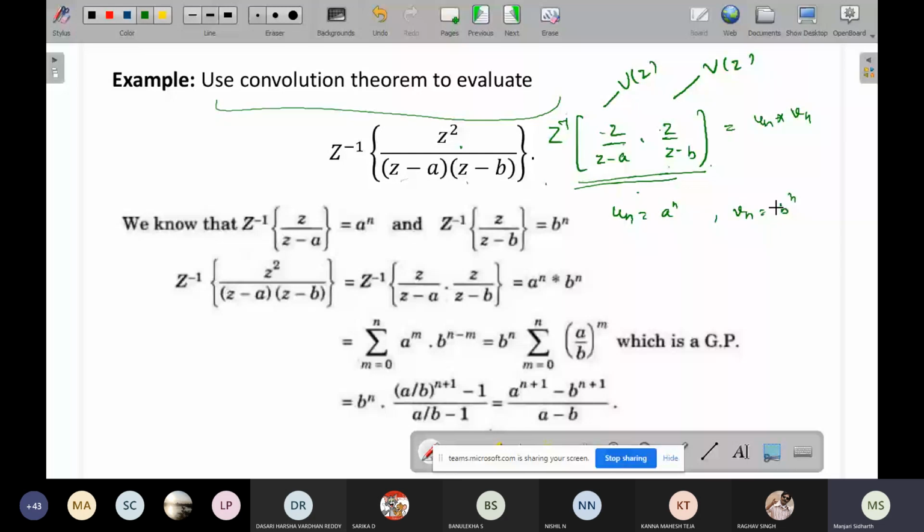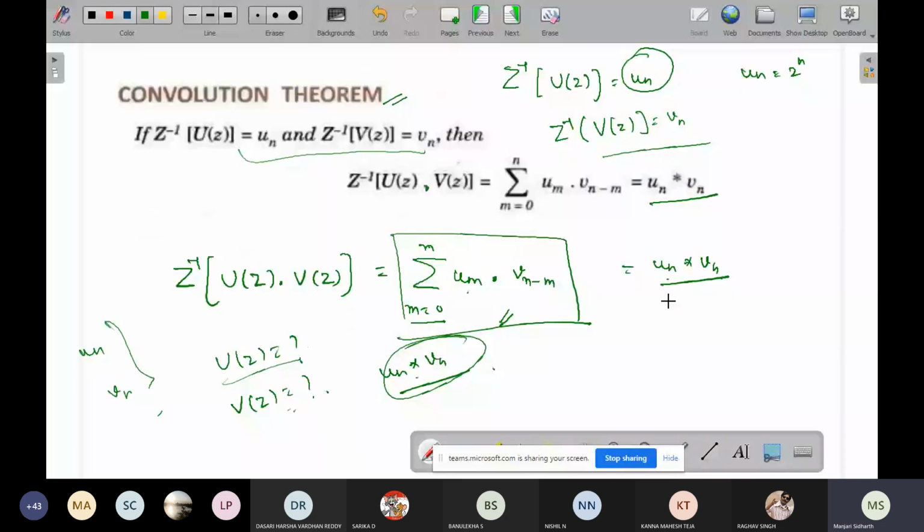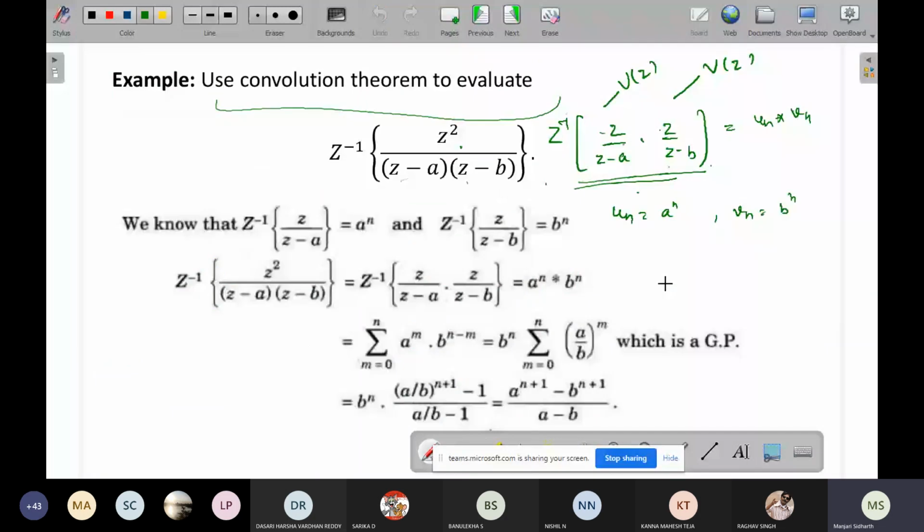Now this is the formula to solve. Okay, so the sum with m equals 0 to infinity of u_m v of n minus m. That means u_m is a power m, times b power n minus m.